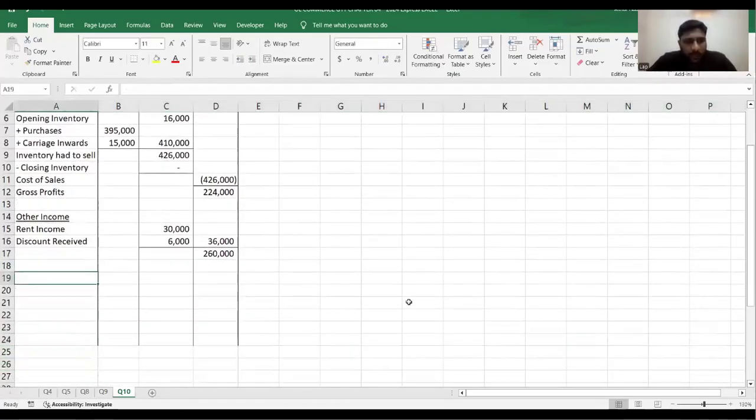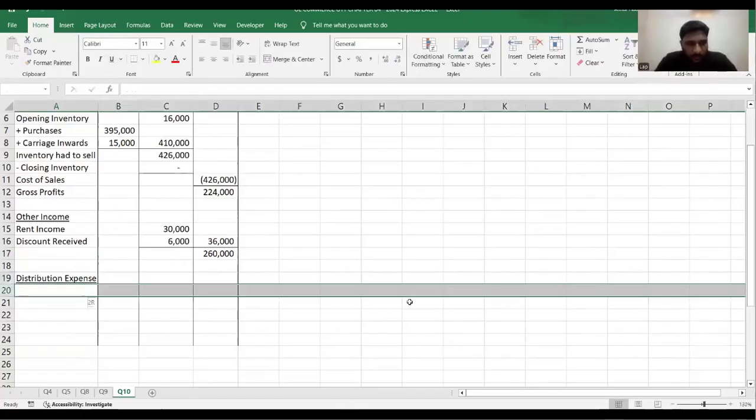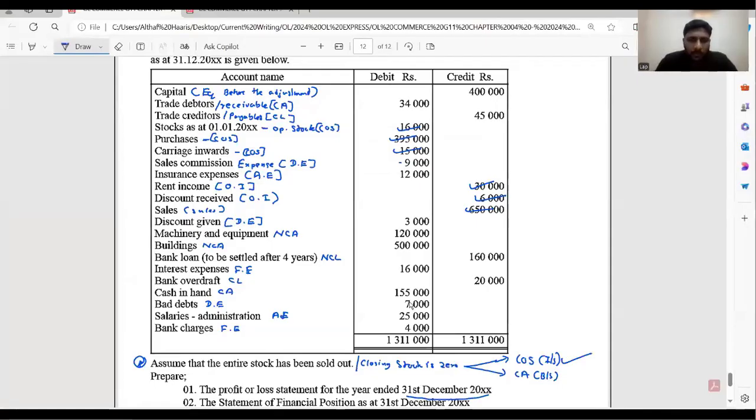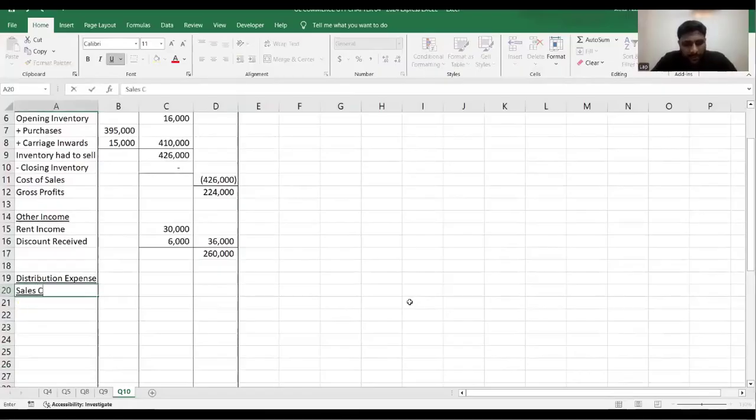Now we have to do the expenses, starting with the distribution expenses. So sales commission 9,000.